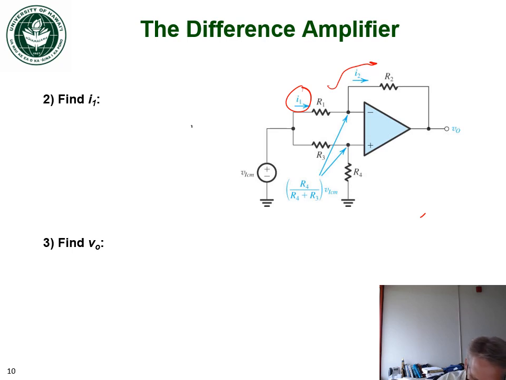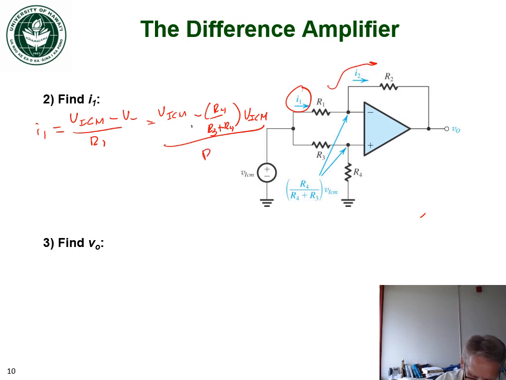So we can write that I1 is equal to V input common mode minus V minus over R1, right, which is equal to V input common mode minus R4 over R3 plus R4 times V input common mode, that whole thing divided by R1.